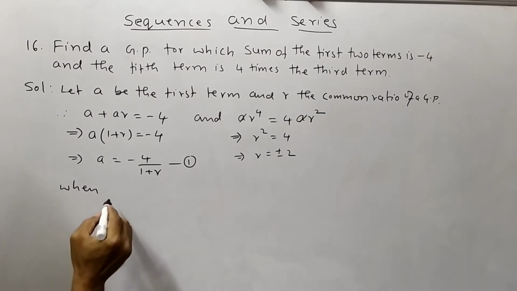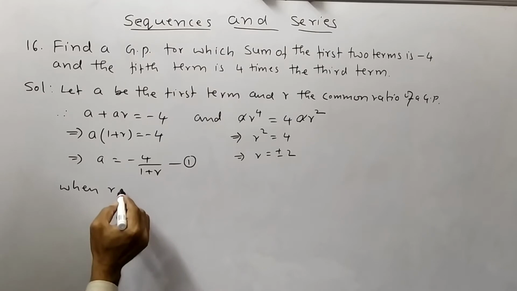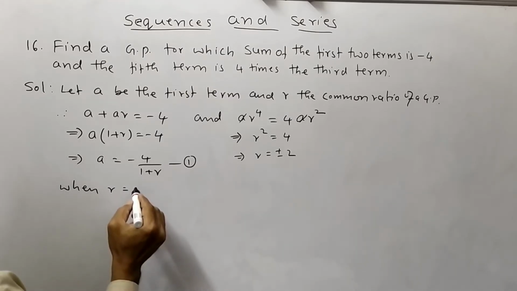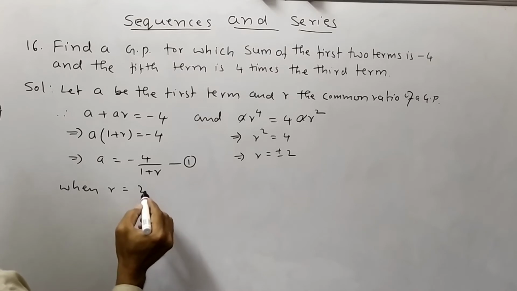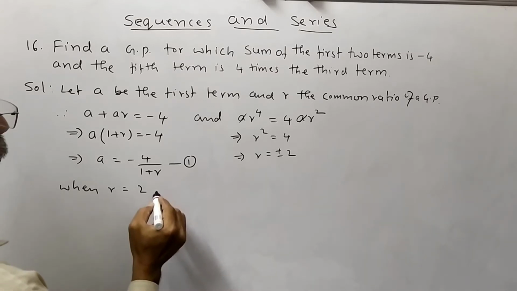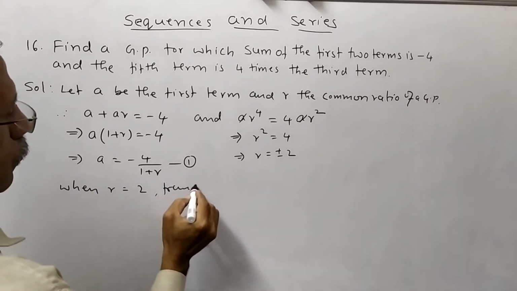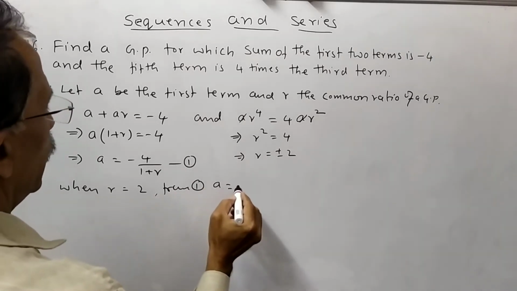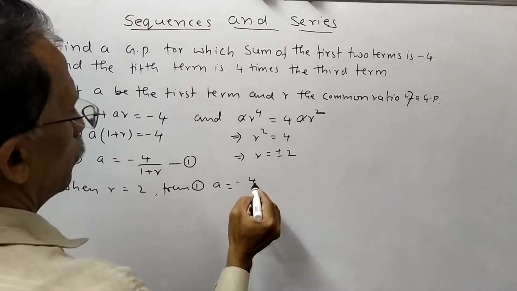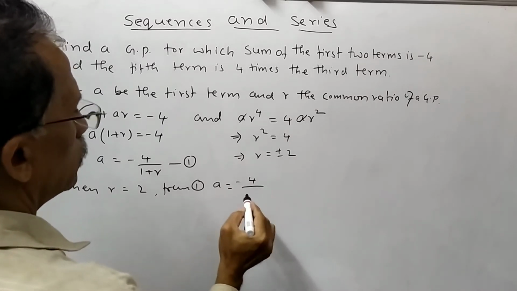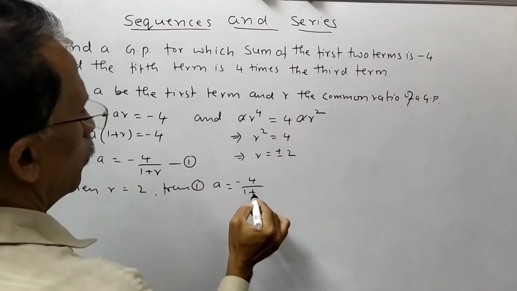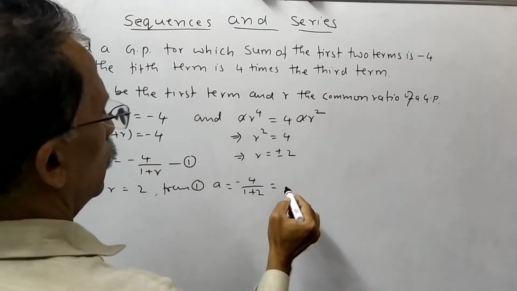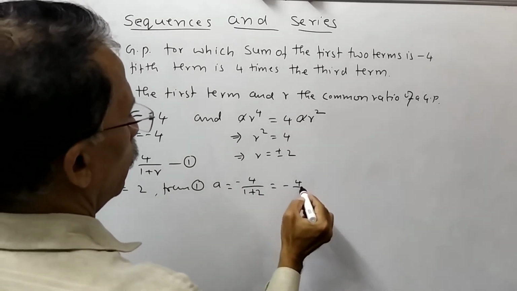When R is equal to 2, from 1, A is equal to minus 4 divided by 1 plus 2, is equal to minus 4 by 3.